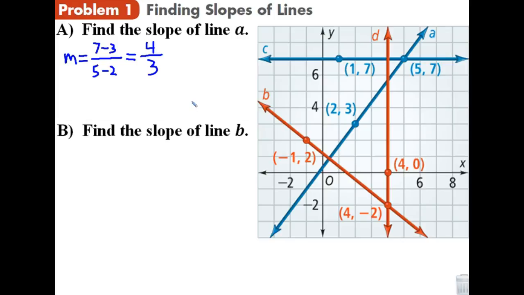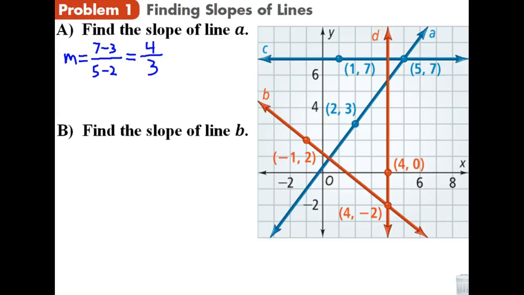So we'd say our slope for this line is 4/3, meaning that if I start with any point on the line, we'll use this one for example, I'll have to go up 4 for a rise of 4, 1, 2, 3, 4, and right 3, 1, 2, 3, to get to that next point.